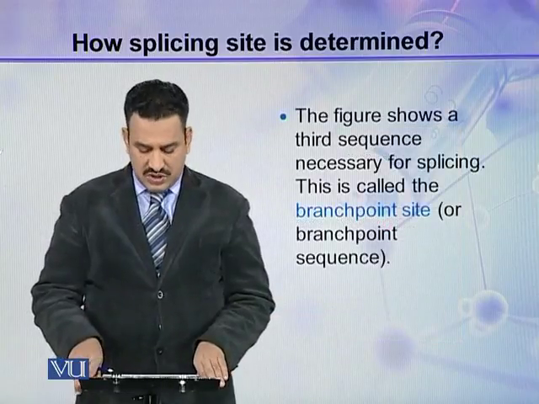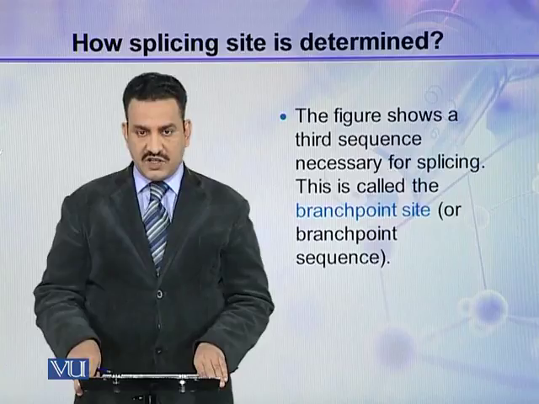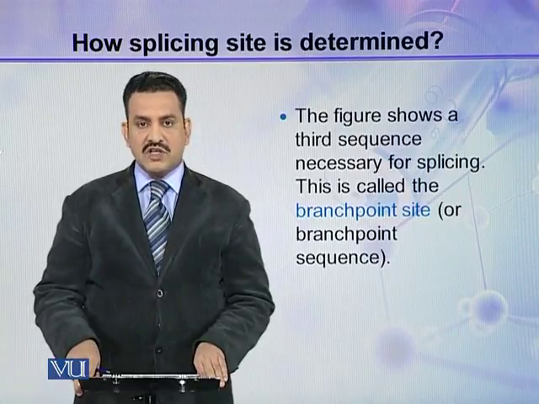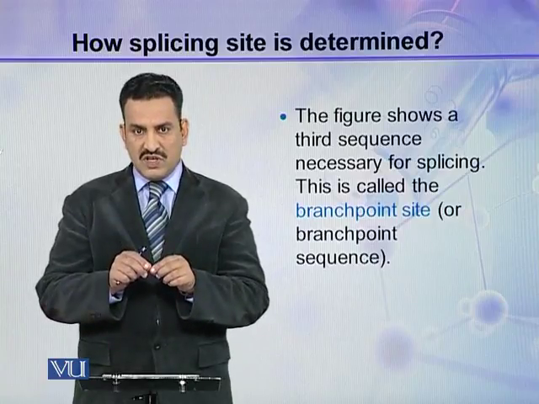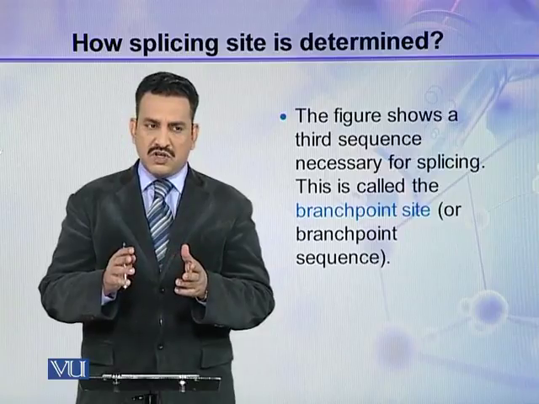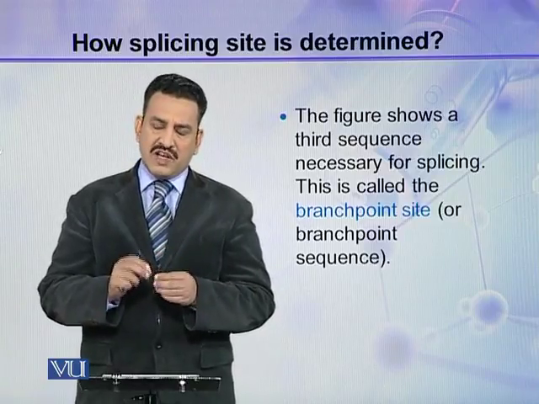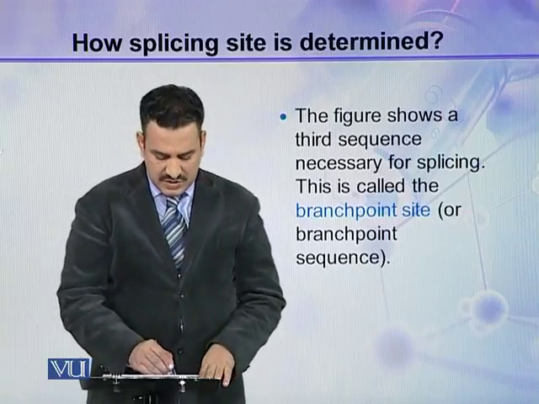The figure shows a third sequence necessary for splicing. This is called the branch point site or branch point sequence, and it is present in the center of the intron. It is not exactly in the center, but it is towards the 3' site.